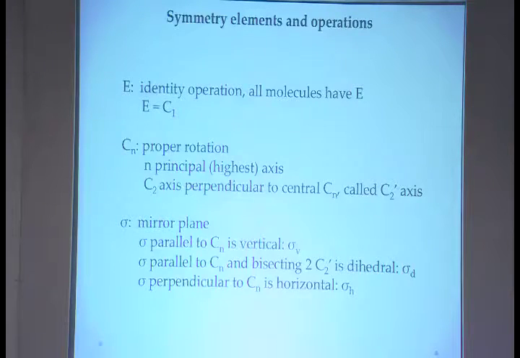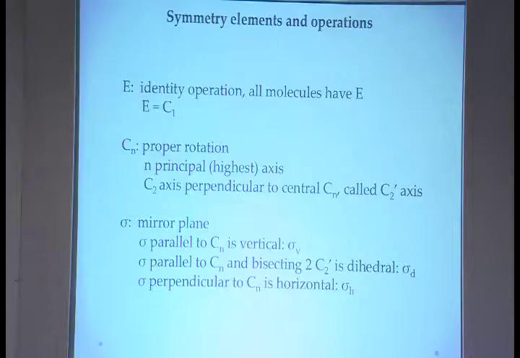Just to expand it a little bit, all molecules have the identity operation. When you're talking about rotation, C1 is a rotation where you're basically not doing anything, just an identity operation.